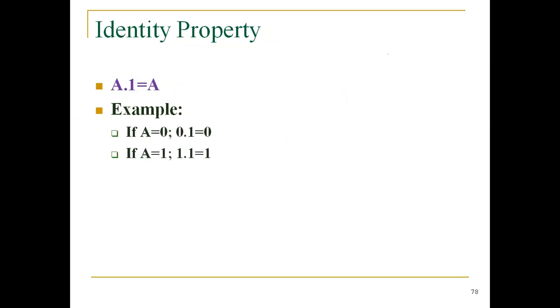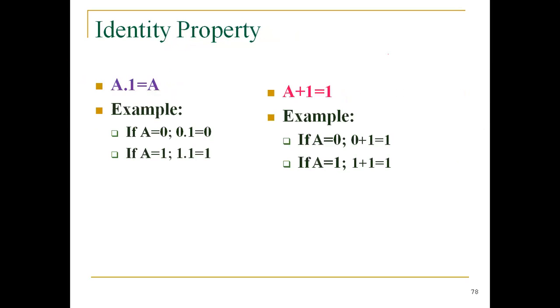Identity property. Identity property. It is also important from the exam point of view and also for competitive examinations. One with any variable, a dot one, a plus one, whatever it is. So a dot one equal to a. Very important thing. A dot one equal to a. So in the dot operation, if anything is multiplied with 1, the result is equal to that thing.